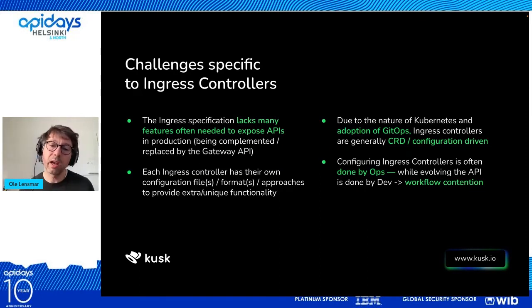They piggyback off that very slim initial ingress standard, but then they have their own approach to configuring all the other aspects of APIs. That would be either one big YAML file, or annotations added to your existing ingress controller, or a mixture of those. So it's really hard to move from one ingress controller to another, just because they're so different in how they're configured, and of course the feature set that they support.